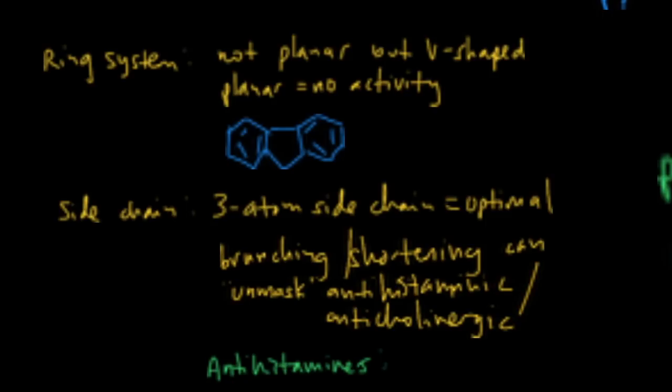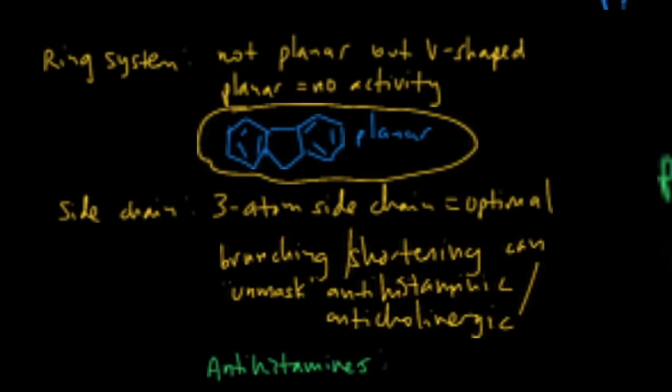So this is not active for 2 reasons. One, because it's a less than 6-membered ring, and it's planar. So this one's planar. Don't memorize this. It's in the cloud.